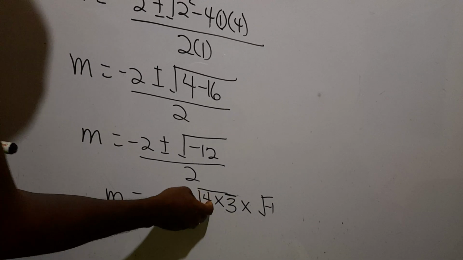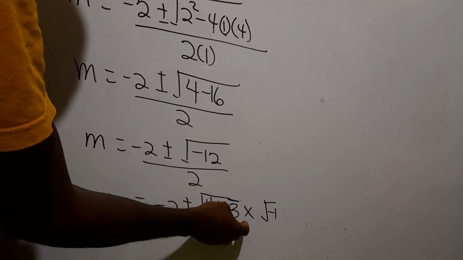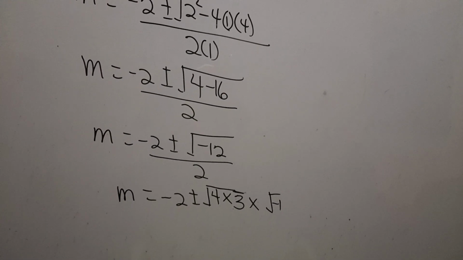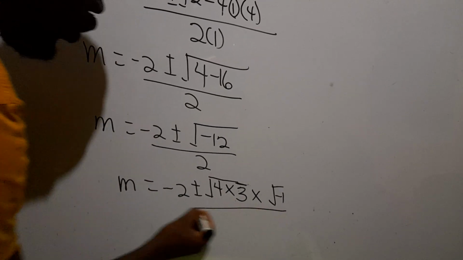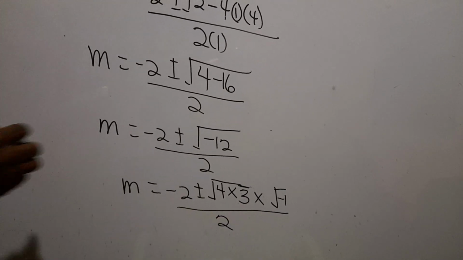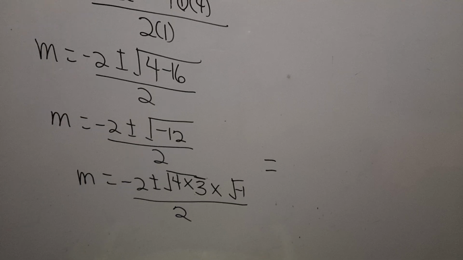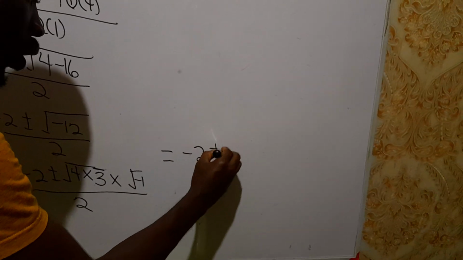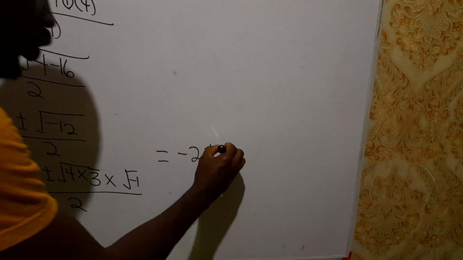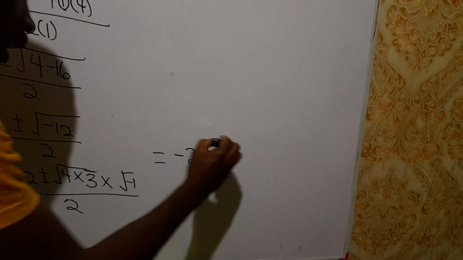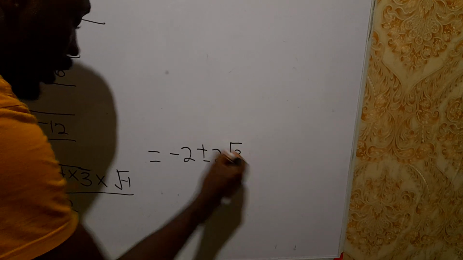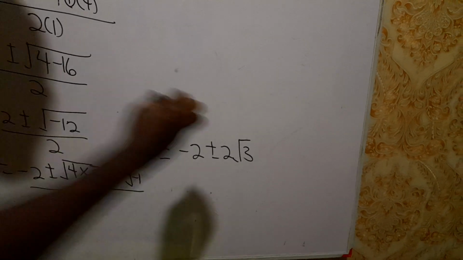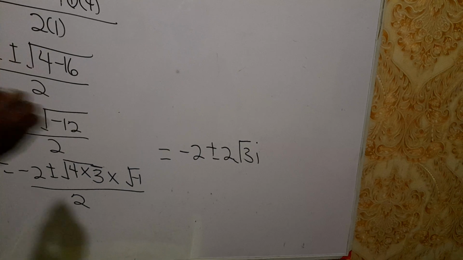When we multiply the square root of 4 times the square root of 3 times the square root of negative 1, we still get the square root of negative 12, all over 2. So this will be equal to negative 2 plus or minus the square root of 4, which is 2. 3 is not a perfect square, so 3. And the square root of negative 1 will be i. I hope you get that.